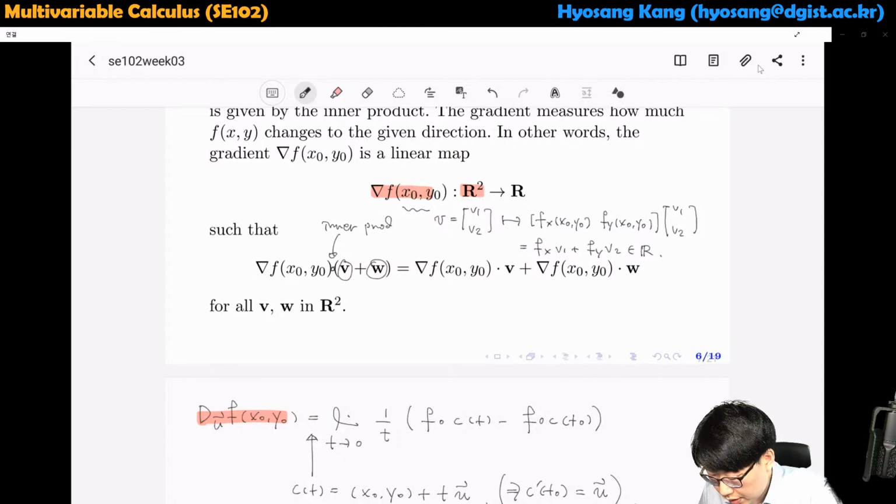But you can either take the inner product with the sum of vectors, or you can take the inner product of each vector separately and then add them together.